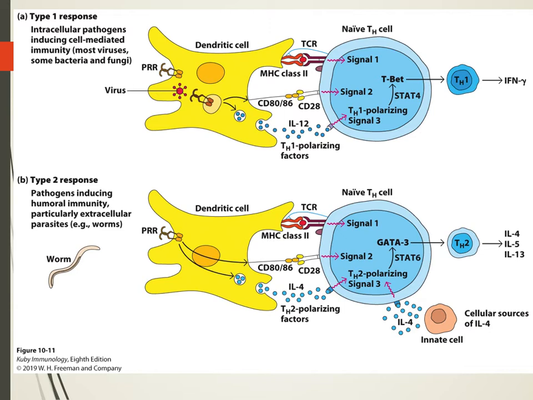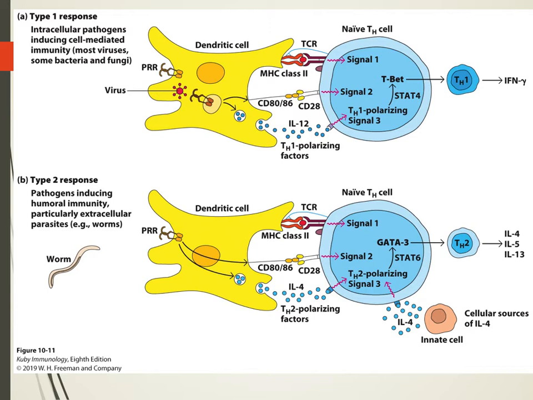And so the Th1 is that helper cell that's going to help to lead to the activation of our CD8 T cells so that they can go off and they can help fight and clear out these infected cells.